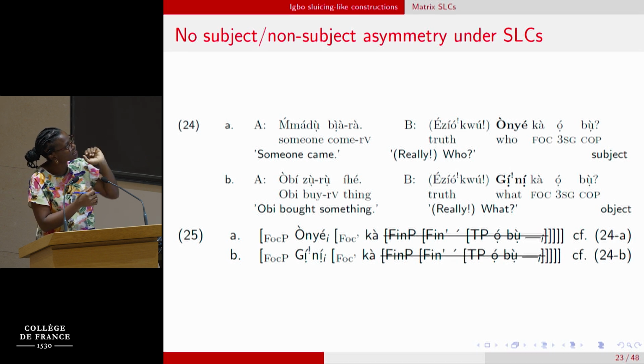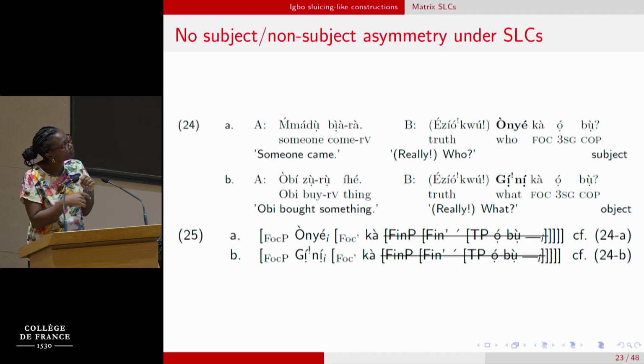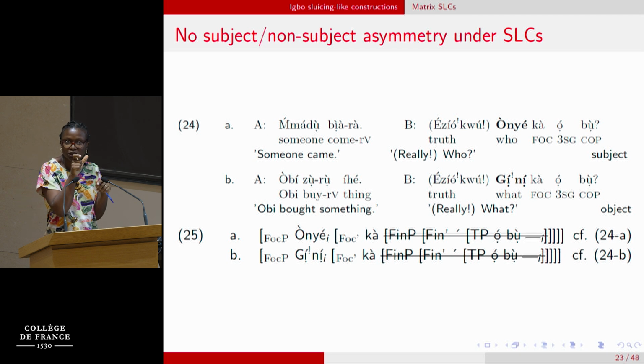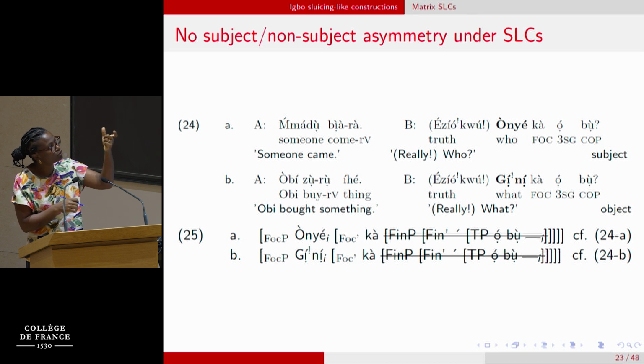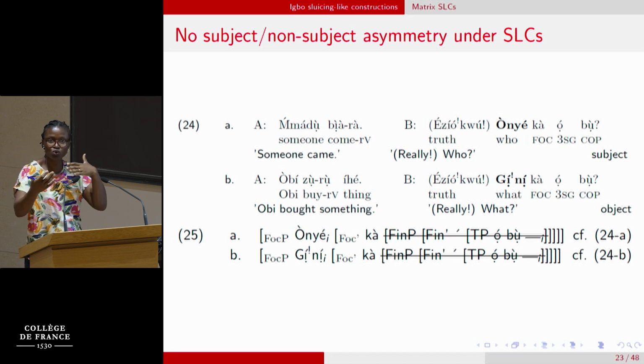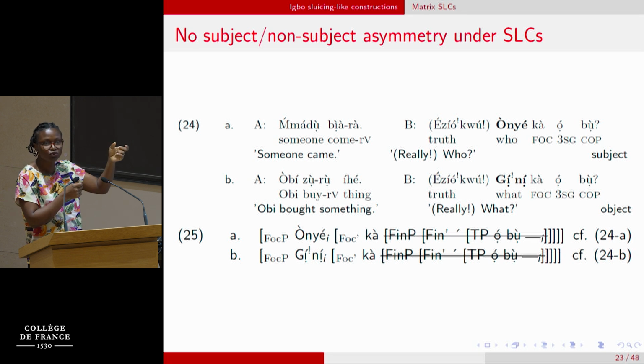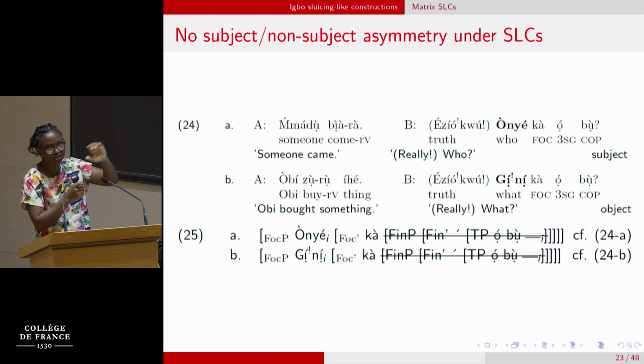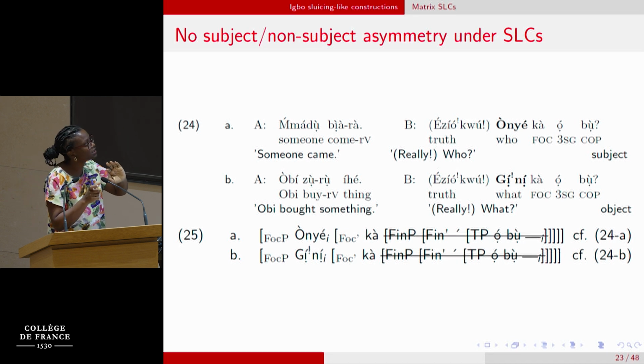So if you look at the example in 24 where we have the correlate, that is someone in the subject position, but then in the sluice, what I'm proposing is that what we actually have is "who", where the who has moved to the specifier of focus, and then the rest of the clause is deleted.